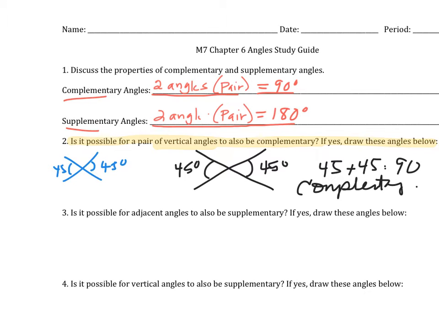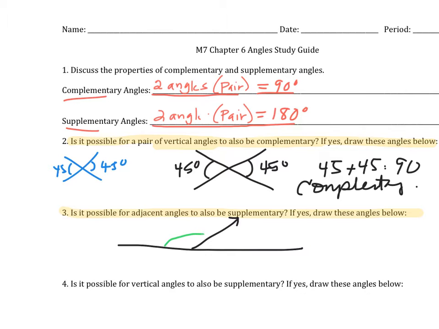Okay. Is it possible for adjacent angles to also be supplementary? Supplementary equal 180 degrees, and adjacent just means they're next door to each other, separated by a ray.